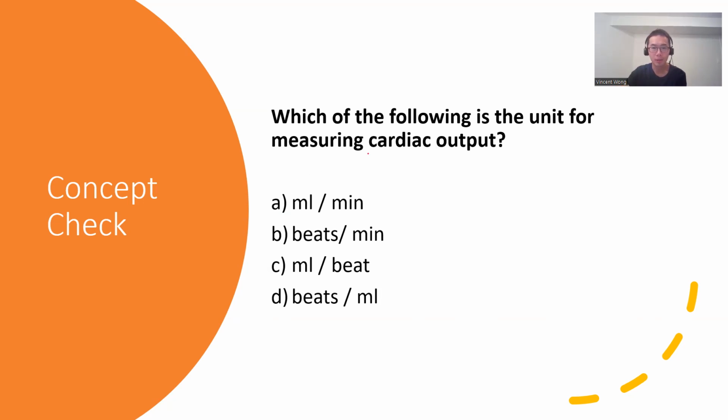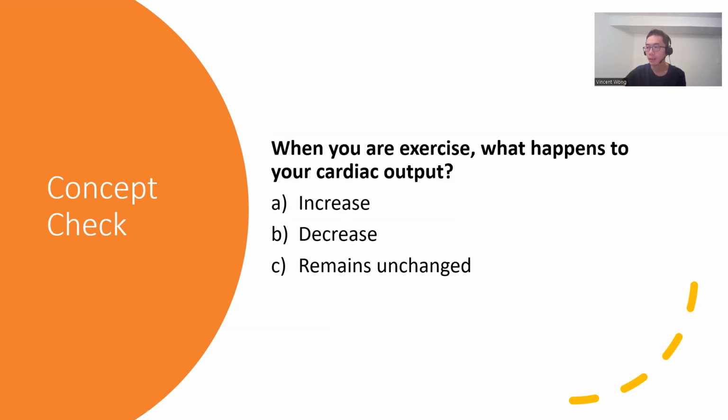Okay, you just have to look at the formula for cardiac output. It is volume of blood per minute. Okay, beats per minute is heart rate. Milliliters per beat is stroke volume. And the last one is nothing. Okay, another one here.